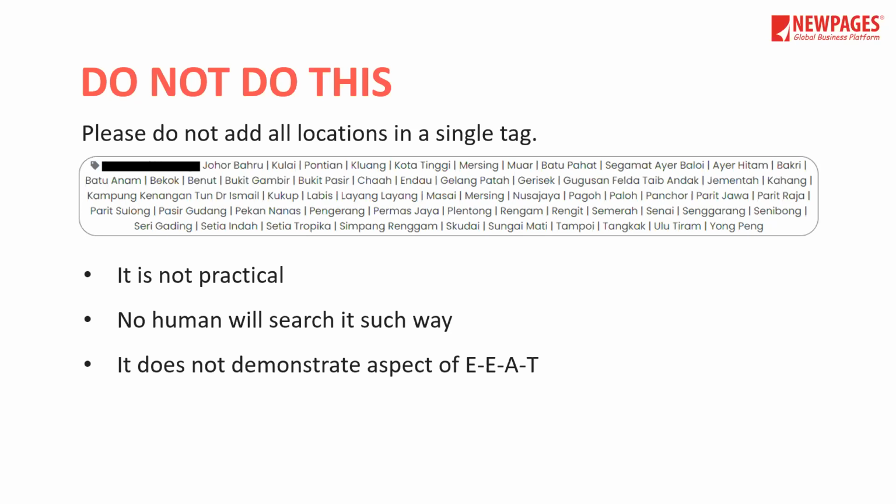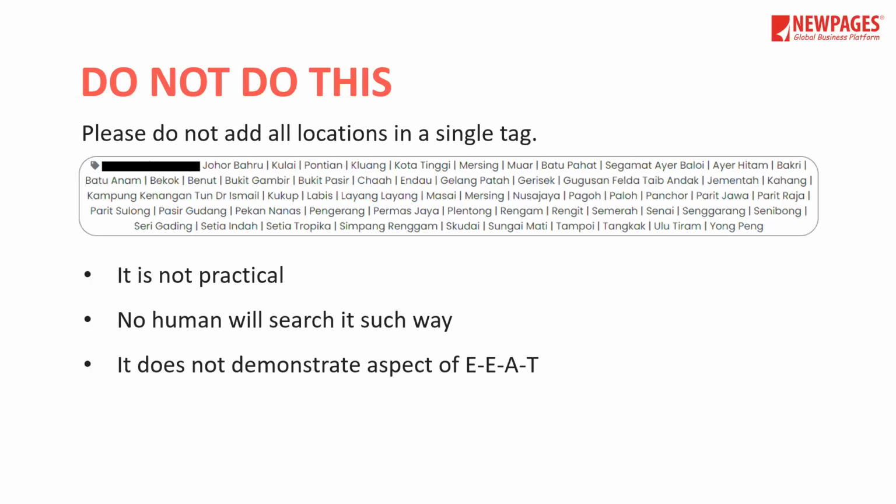it will bring them to a page where, when you create a product posting, you can put it under your product description page. So when I look at your product or your service, then the description, then at the bottom there is this service area or delivery area. But don't put all the locations into one single tag. And it does not really demonstrate the aspect of EEAT.